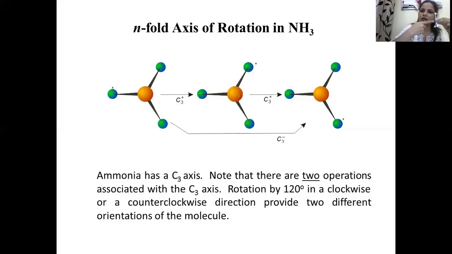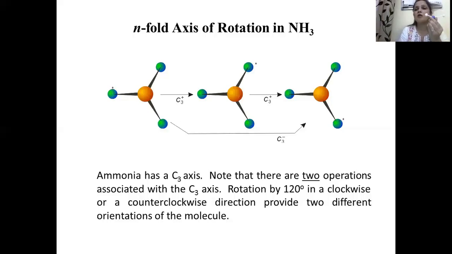So I rotate this molecule through this axis by 120 degrees and I get this structure, which is identical. Another 120 degrees, again an identical structure. Another 120 degrees, and I get an identical structure. So one of the possible axes in this molecule to get an identical structure is this axis through which I am rotating the molecule.